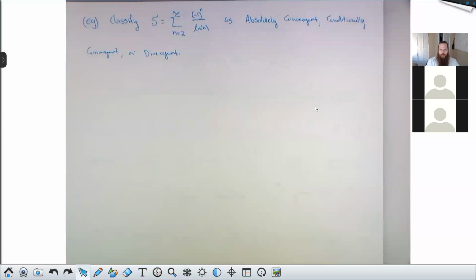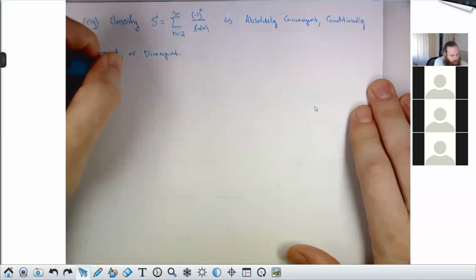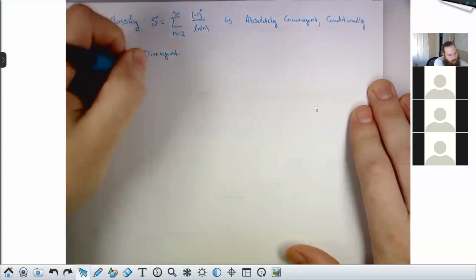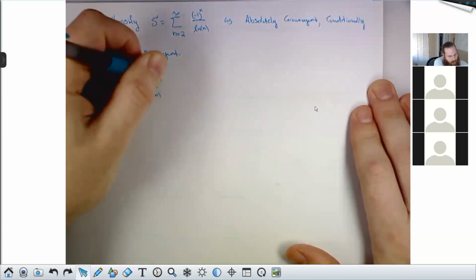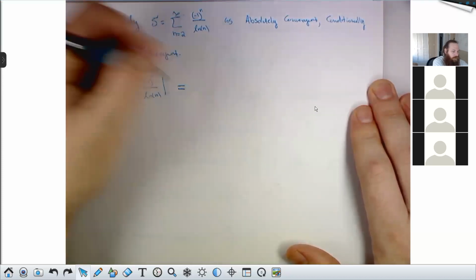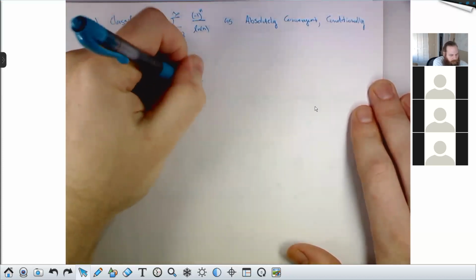Any ideas where we could begin on this problem? Take the absolute value of the top and the bottom. We could do that. We could jump right in and look at the absolute value series. Again, we can split the absolute value up, give it to the top and the bottom separately.